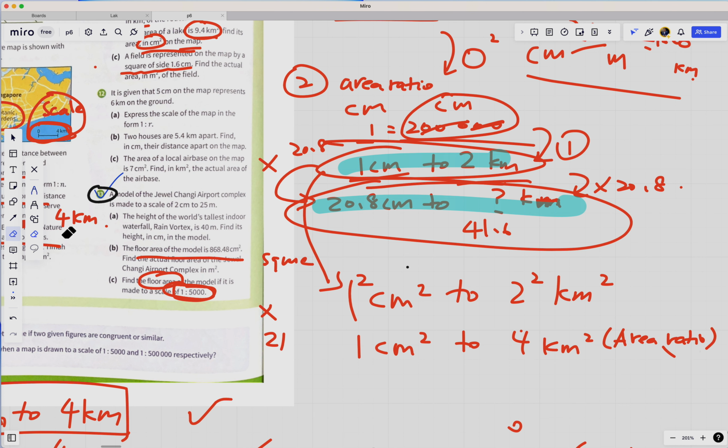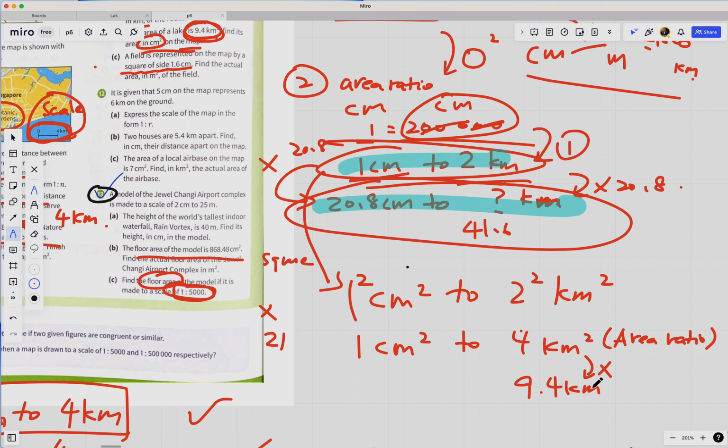So once you have this, what does the question give you? It gives you 9.4, right? So you put the 9.4 here or here? 4 km. Yeah. Then you ask yourself, how do you get from 4 to 9.4?